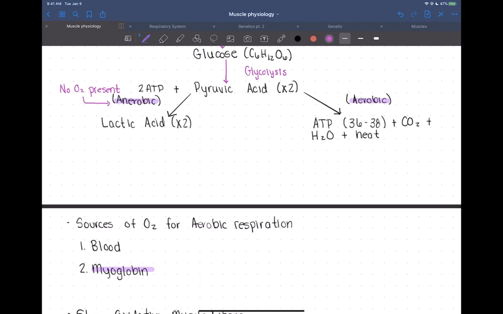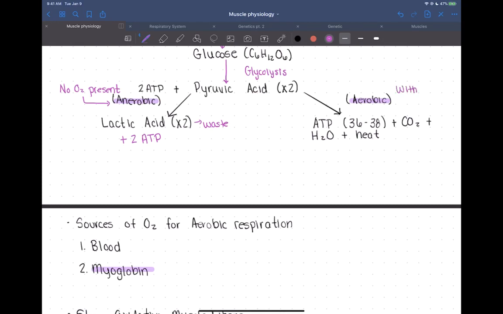And so you end up with just those 2 ATP that you made during glycolysis and the 2 lactic acids. This is a waste product; you would just get rid of that. So going the anaerobic route, no oxygen, you're only getting 2 ATP for every glucose molecule that you break down.